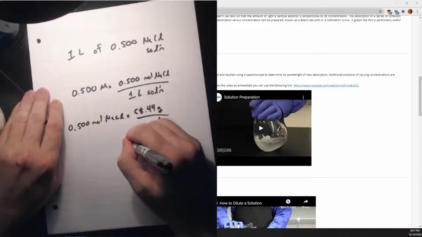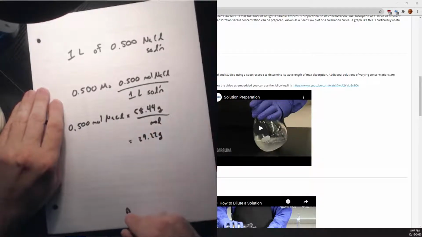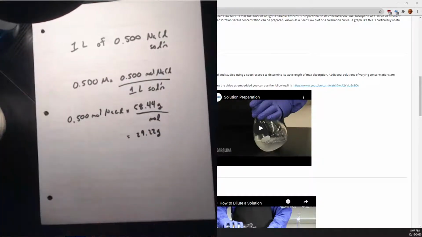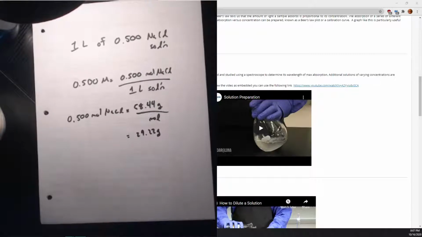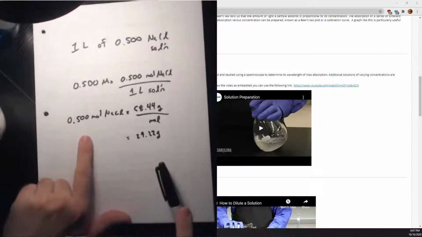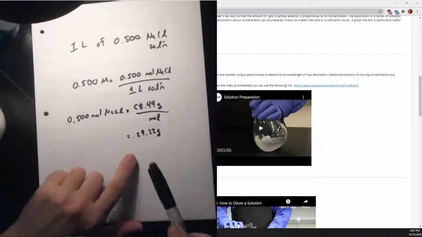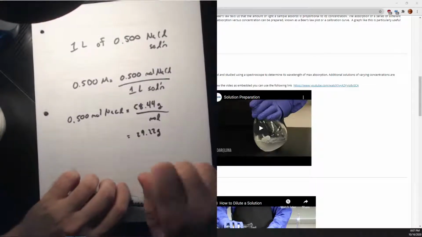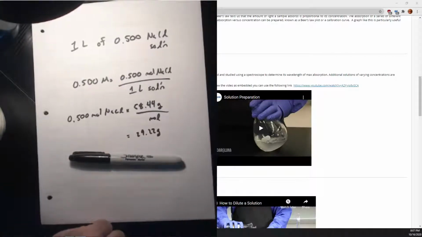So half a mole is going to be 29.22 grams. So in order to make 1 liter of a 0.5 molar solution, we need half a mole, or 29.22 grams. So we take a little more than 29 grams, and we chuck it in some water, swirl it around till it's dissolved, and then we add more water until we get up to a liter.